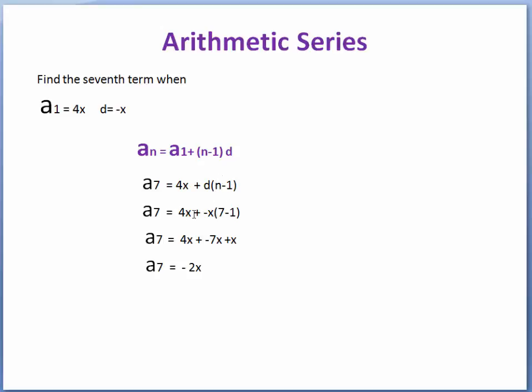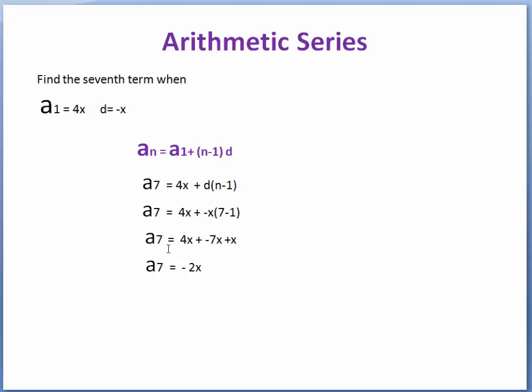Here n is 7, so 7 minus 1 in the brackets. When we put d as minus x, we get a7 equals 4x plus minus x, 7 minus 1.